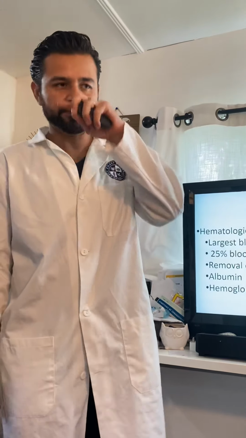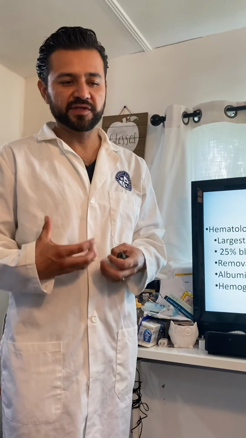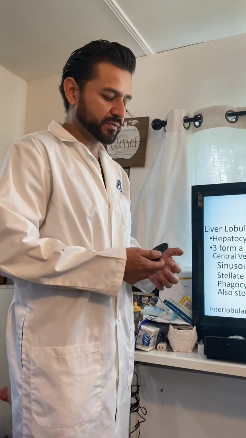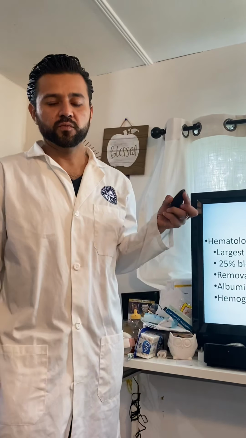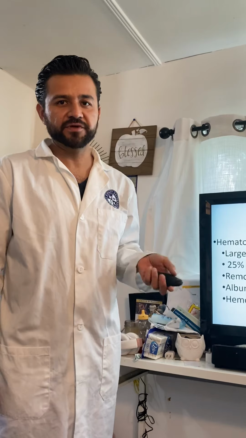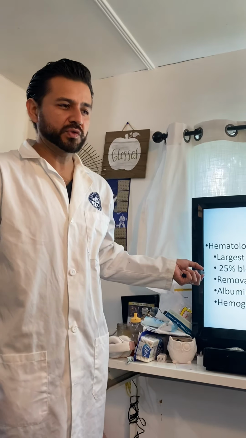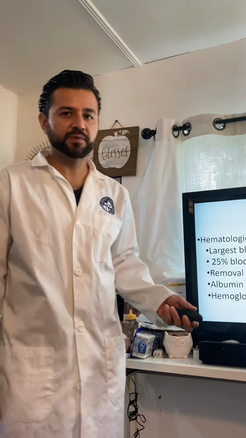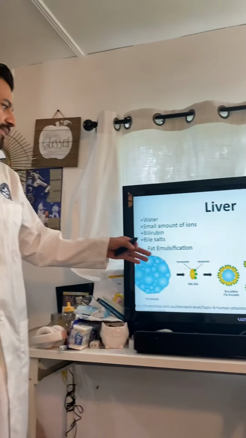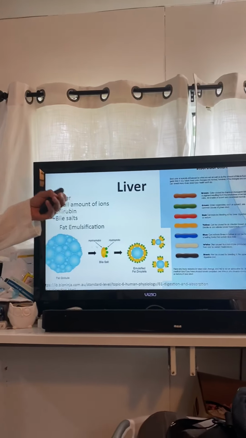The spleen does this as well, but the liver converts these dead or damaged cells into bilirubin. This is important because it forms part of the bile.